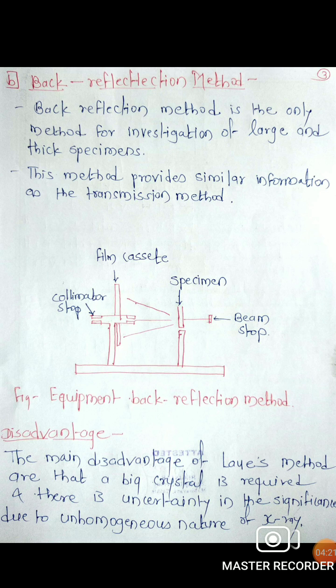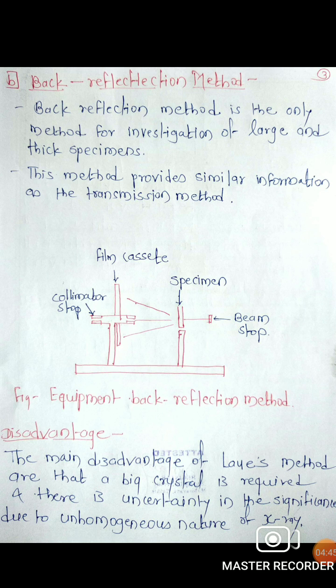Here also there is a collimator, then film cassette, specimen, and the beam stop. When incident radiation is passed from the collimator, it falls on the specimen, and there is a beam stop, and we get the crystal structure by this back reflection method.